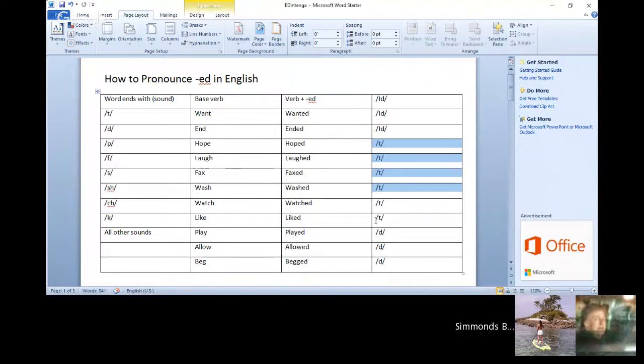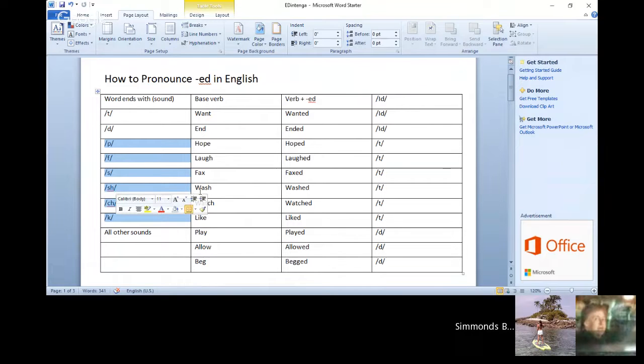All right. As oh, my mouse didn't go down anymore. And these two as well. Okay. So all of these sounds, when the word ends with these letters or sounds, okay, then we have to pronounce the ed as if it were a T. Okay, for example, we have hope and hoped, laugh and laughed, fax, faxed, wash, washed, watch and watched, and then like and liked.